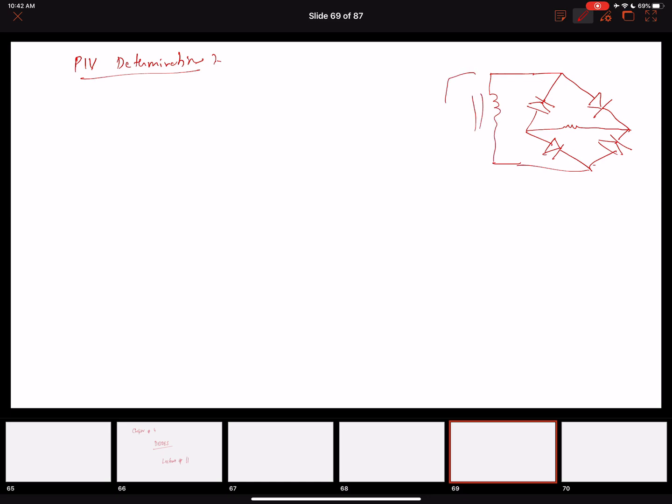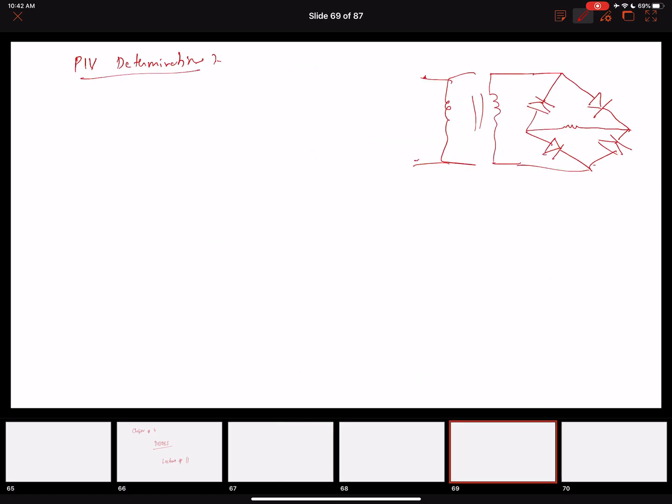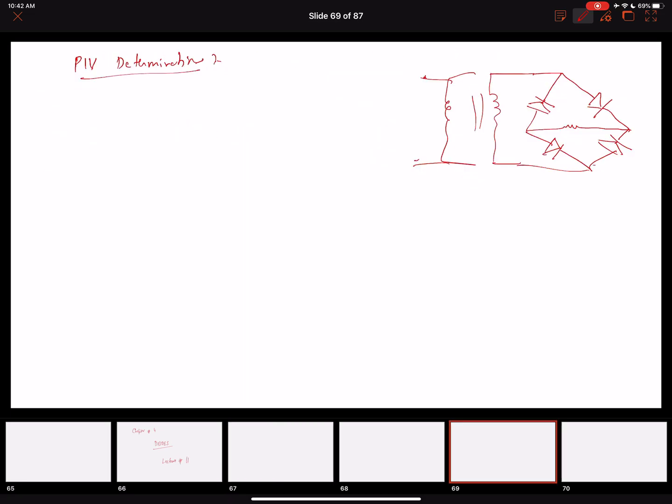Or I can just make it quickly. Oh, sorry, it should be the other way. Okay, great. So this is our bridge rectifier, and I wanna make sure that the numbers of the diodes are the same: D1, D2, D3, D4. Okay, sounds good.